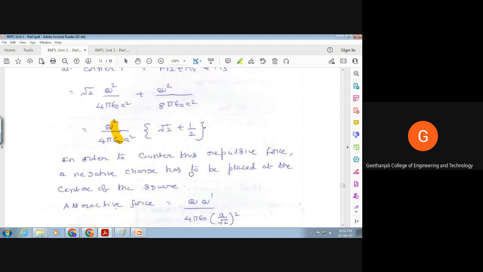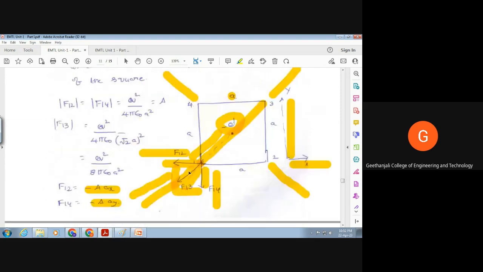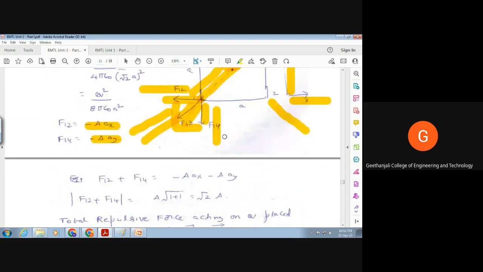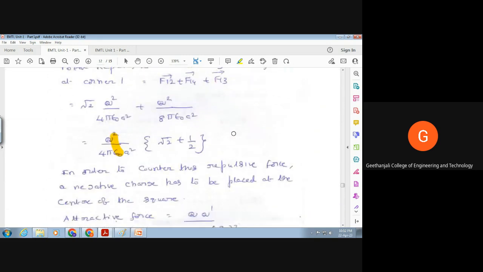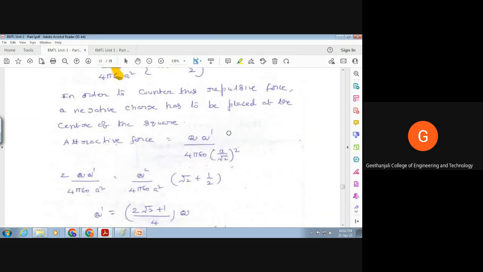Now, in order to counter this repulsive force, a negative charge has to be placed at the center. Let that negative charge be minus q dash. From that negative charge to corner 1, what is the distance? 1 by root 2 into a.